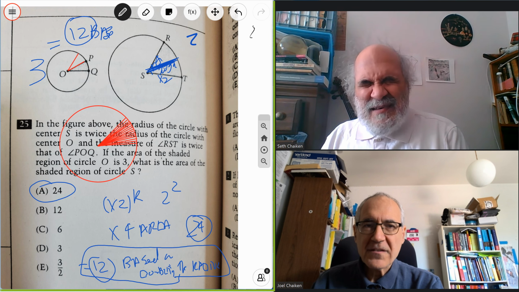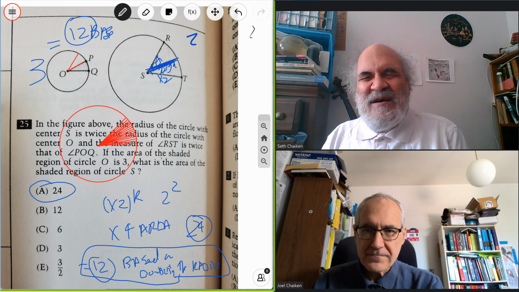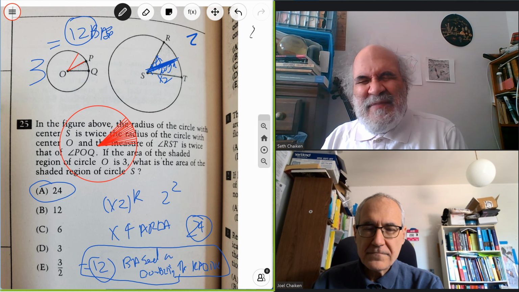And so the area of the whole thing is equal to the sum of the areas of the little skinny sectors that are approximately little skinny triangles.